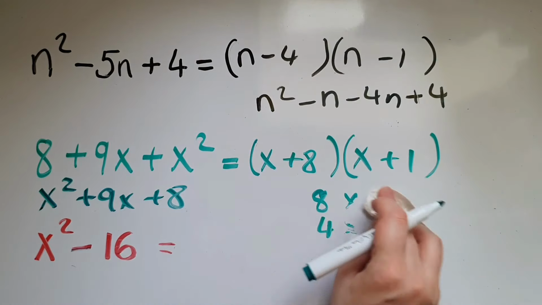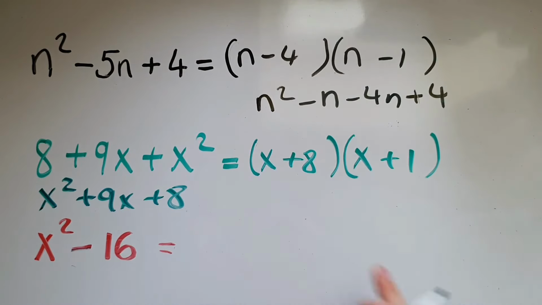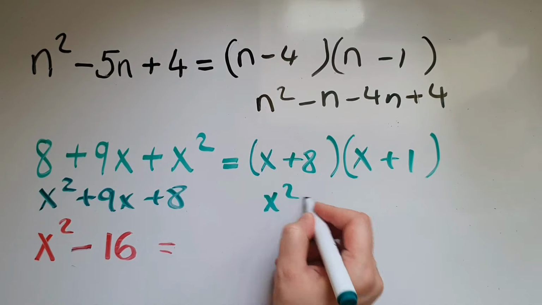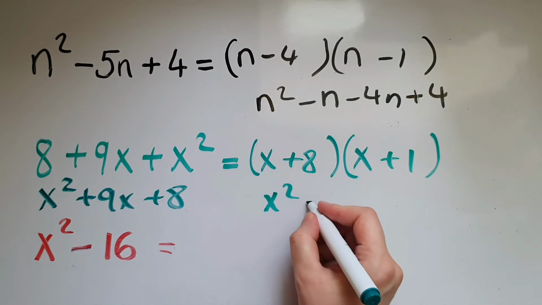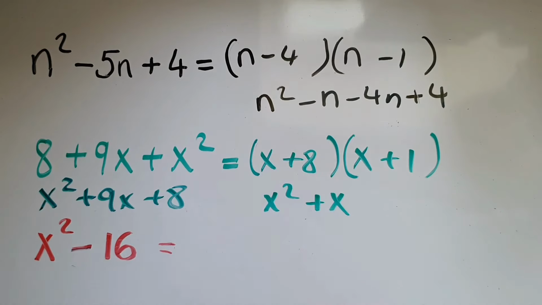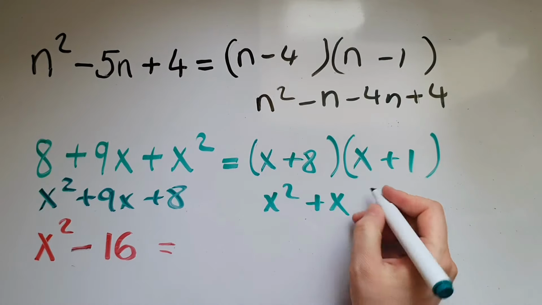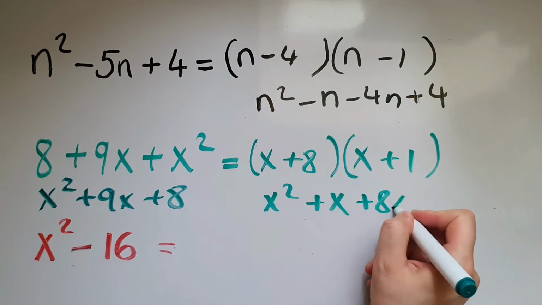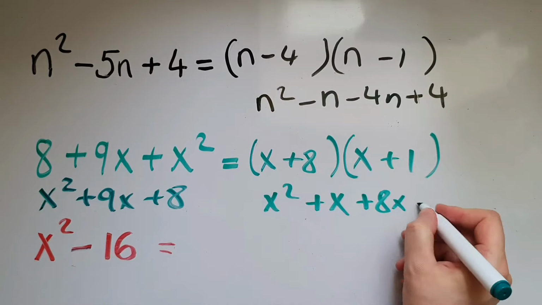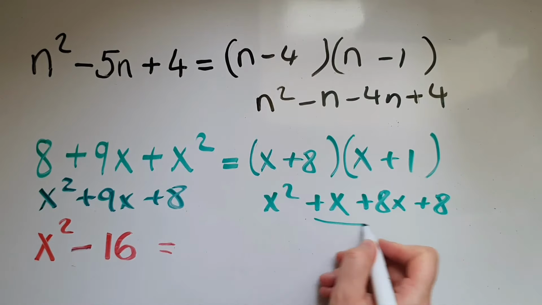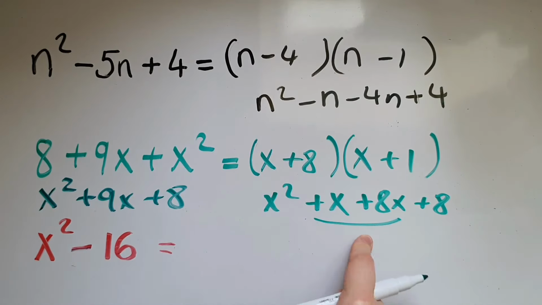Let's reverse the process. So x times x gives us x squared, x times 1 gives us x, 8 times x is 8x, and 8 times 1 is 8. Collecting the like terms, we get 9x here, and that matches what we have.